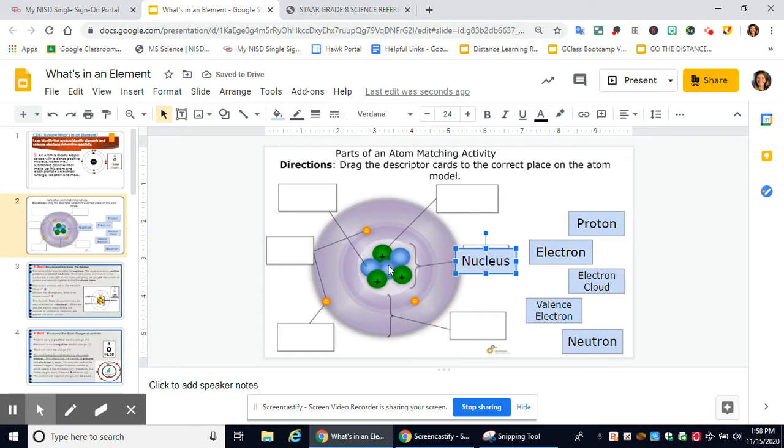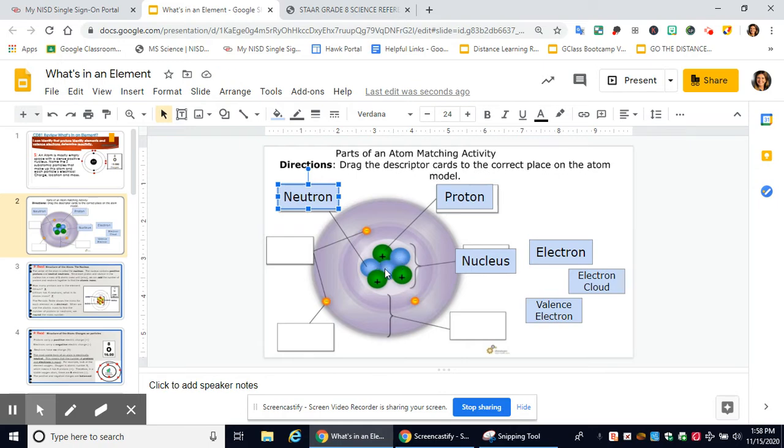Then inside the nucleus, these green subatomic particles are protons. I know that because they have a positive electrical charge. The blue subatomic particles are neutrons, and I know that because they have a neutral charge or no charge, so I don't see a positive or a negative sign.